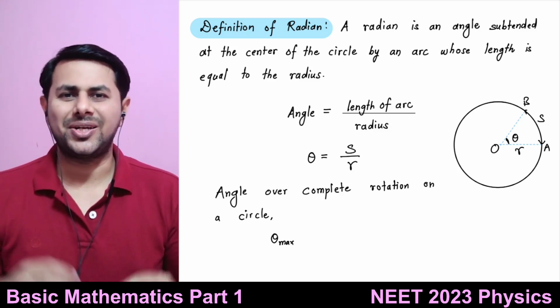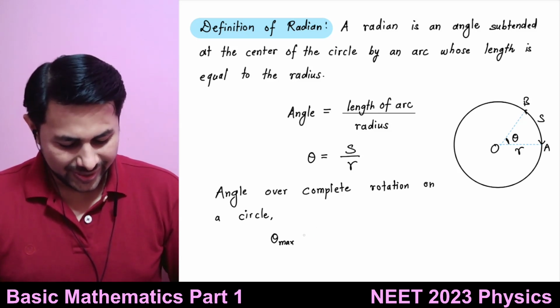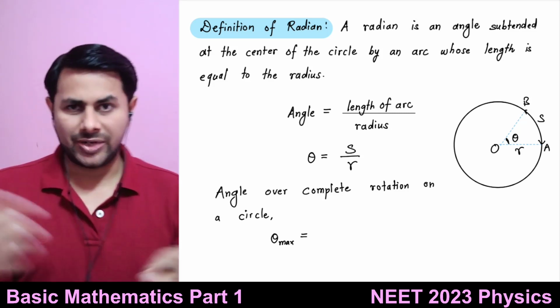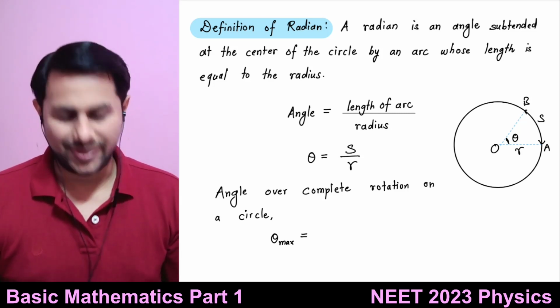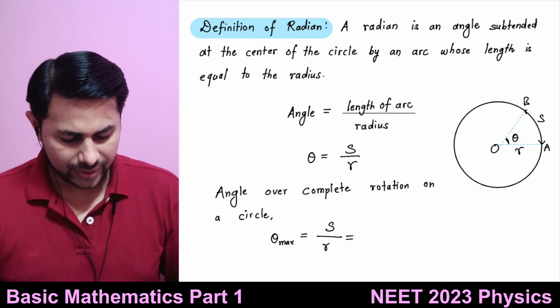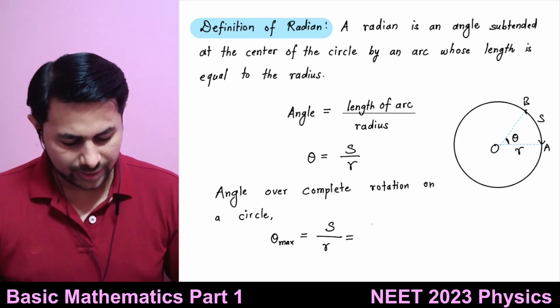Actually, we can define an angle which is in multiples of this one also, but for one rotation, I will call it the maximum possible angle, theta max. It is s divided by r, and the length of the arc, as we discussed, will be equal to the circumference of the circle.